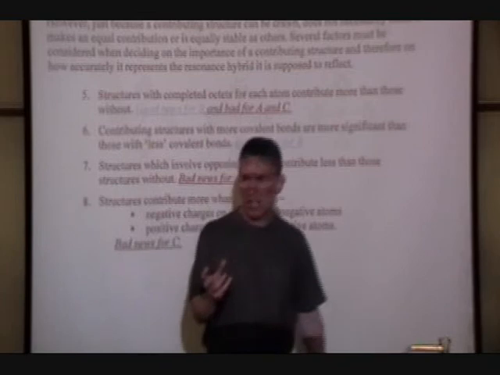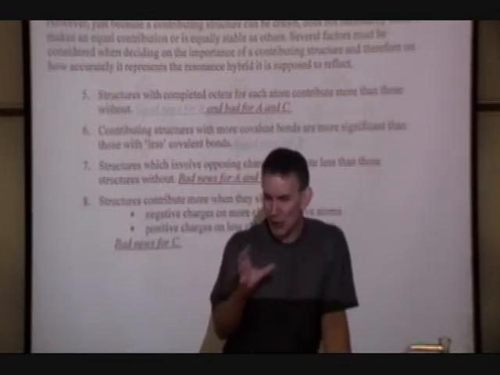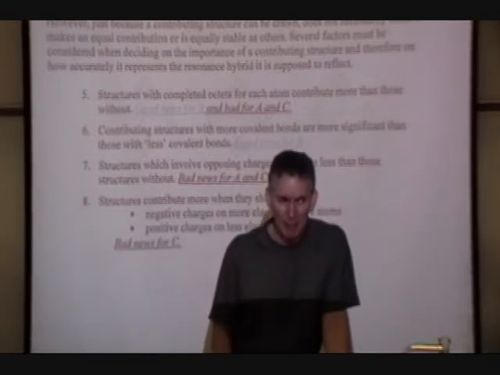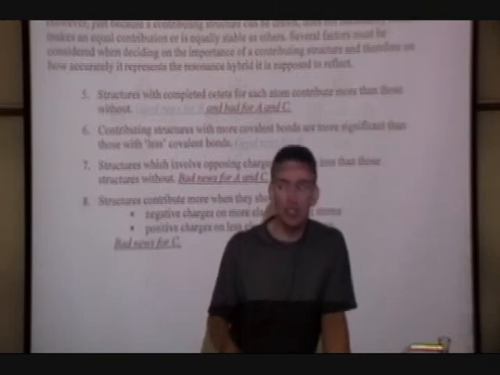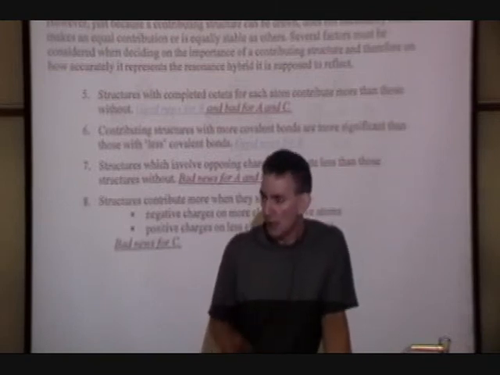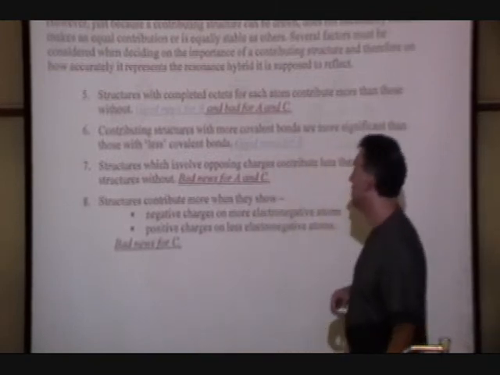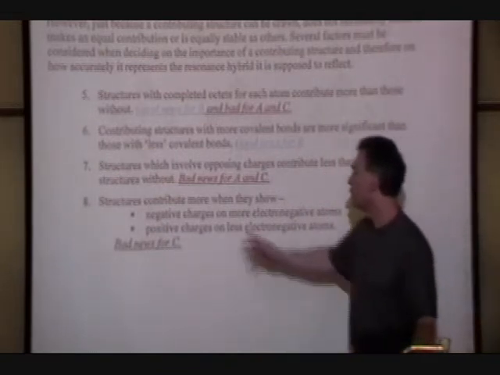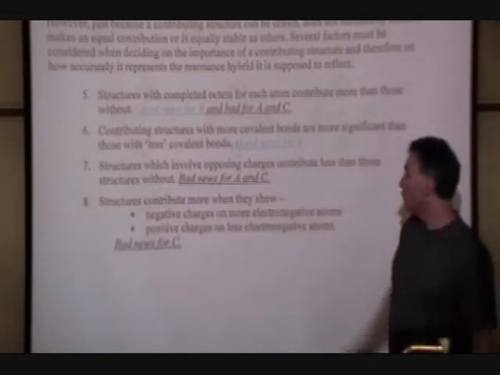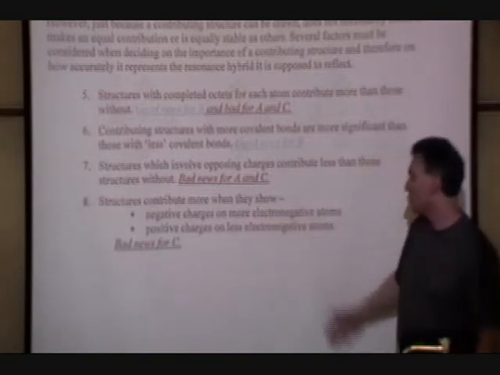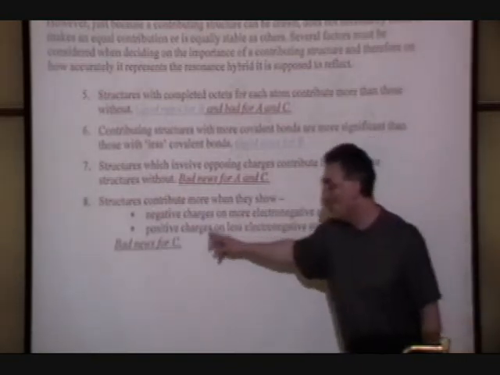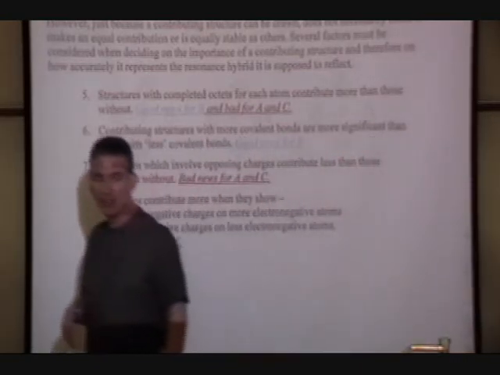To have a positive charge and a negative charge right next door to each other doesn't seem highly likely. It does occasionally happen, but it's not a natural thing to see. Structures contribute more when they show negative charges on the more electronegative atoms, as we said, and positive charges on the less electronegative atoms.